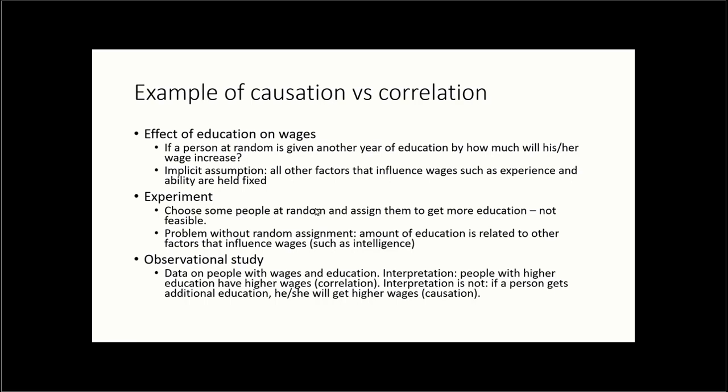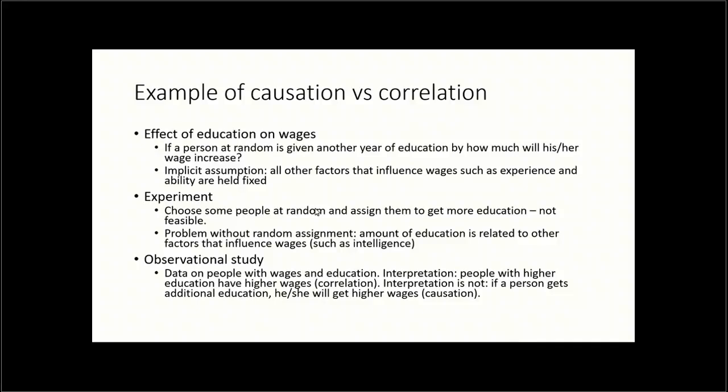Here again, we have an implicit assumption that we hold all other factors constant, such as experience, ability, and so forth. If we tried to have an experiment here by assigning people at random, you get another year of education, you do not get another year of education, that's typically not feasible because it's hard to run this experiment in real life.